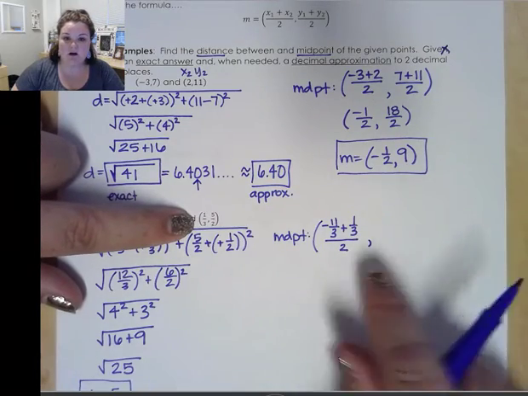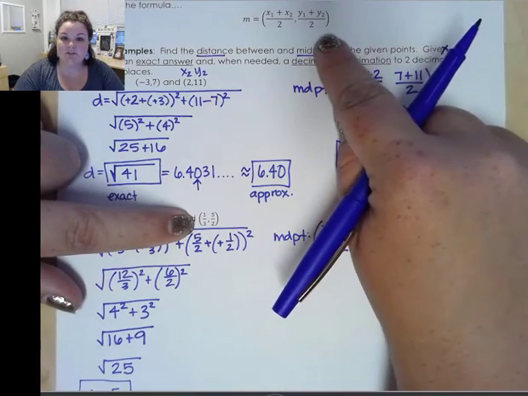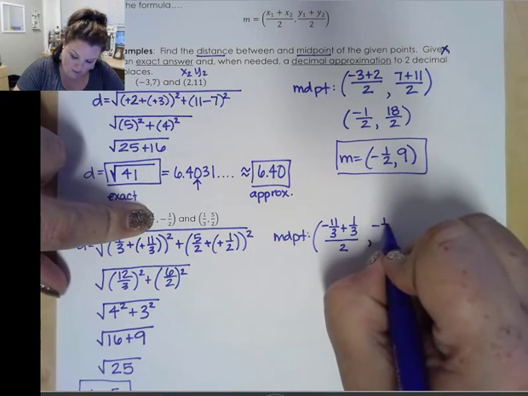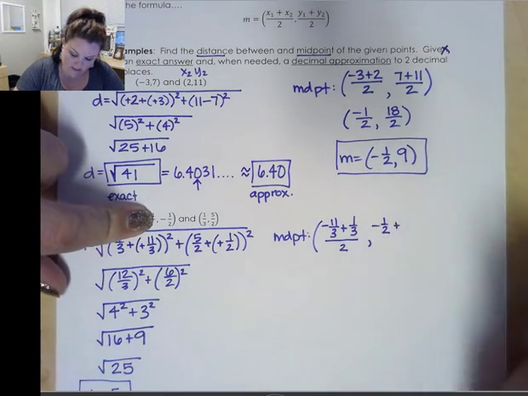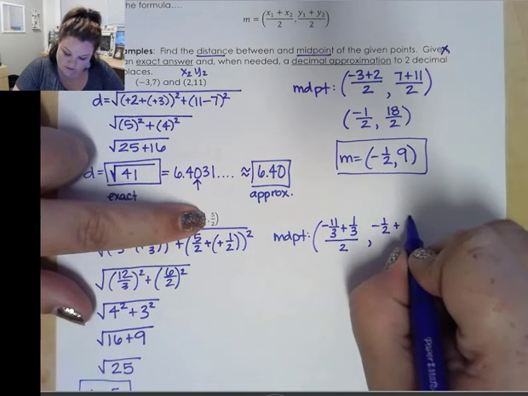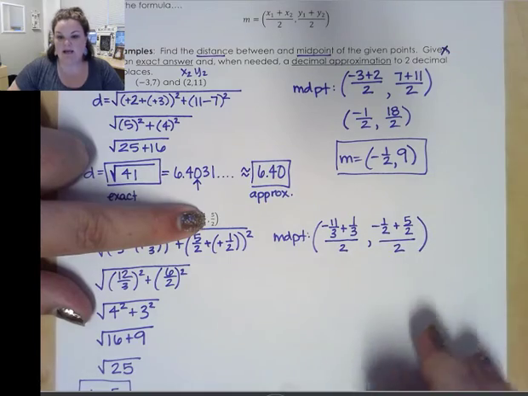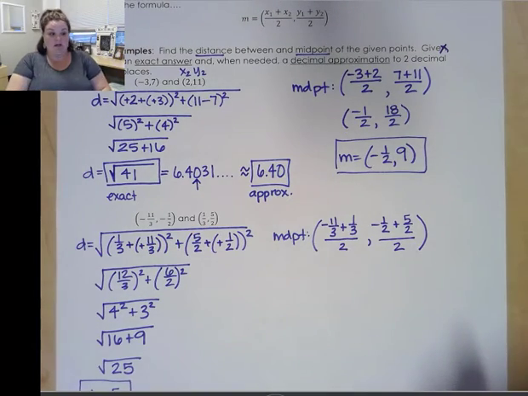And then our average of our y's: y1, which is negative 1/2, plus y2, which is 5/2, divided by 2. Now we just need to simplify this monster.